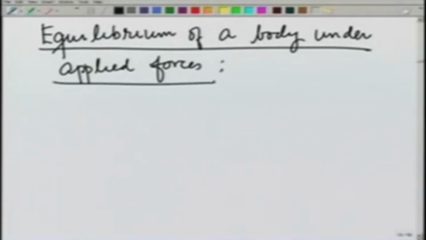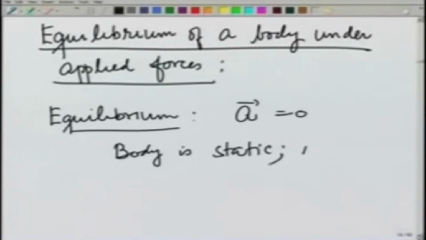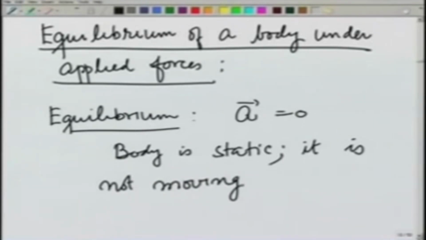As I said in my previous lecture, by equilibrium, in general we would mean that the acceleration is 0, but here we would also mean that the body is static. It is not moving. So, let us look at the conditions that are necessary and sufficient to make sure of that.